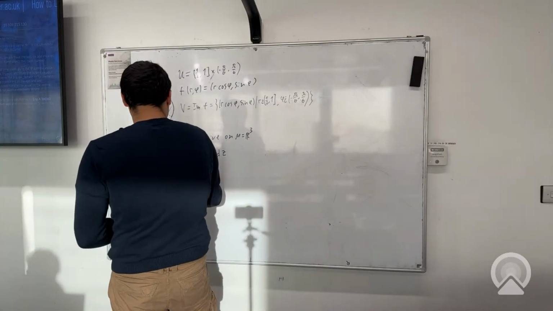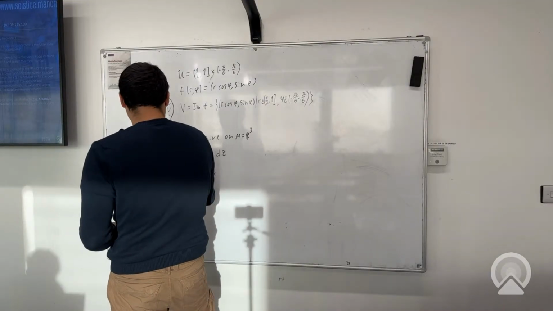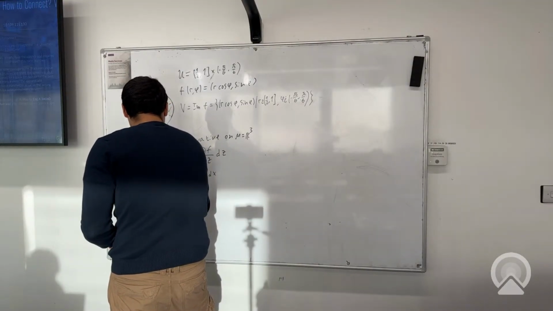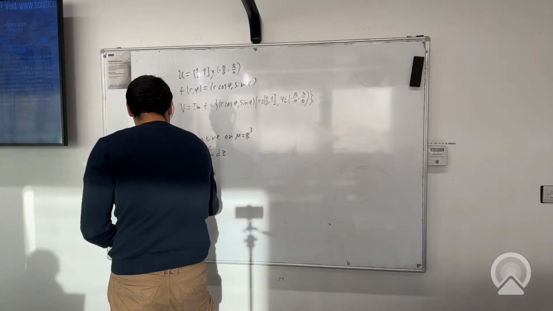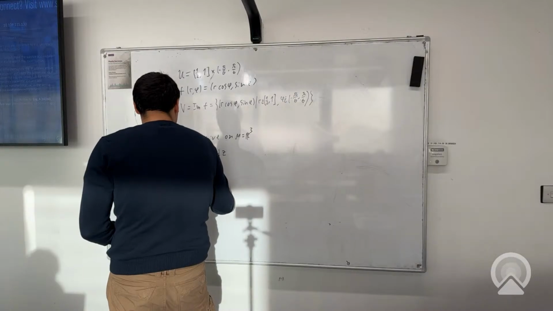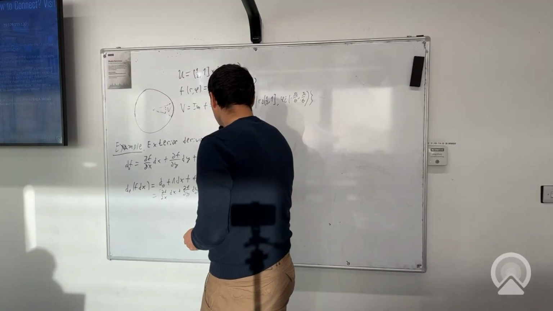So we only have the first part. So this is partial f partial x dx plus partial f partial y dy plus partial f partial z dz, everything wedge dx.